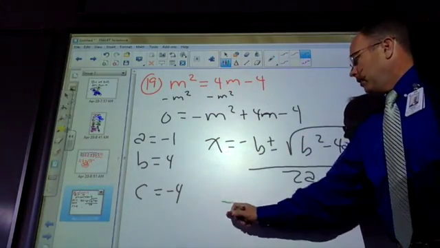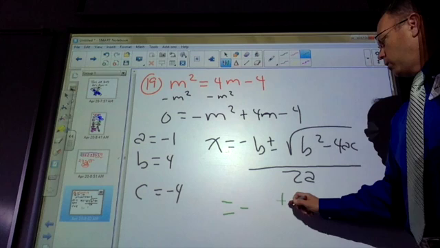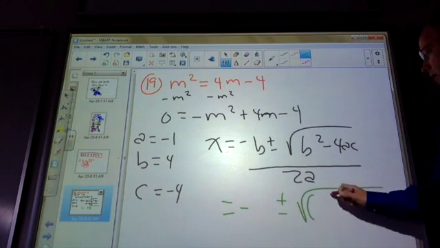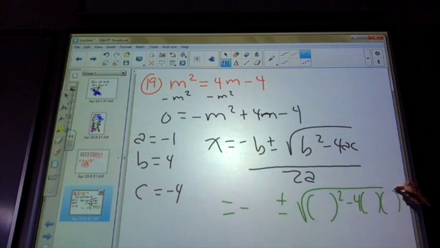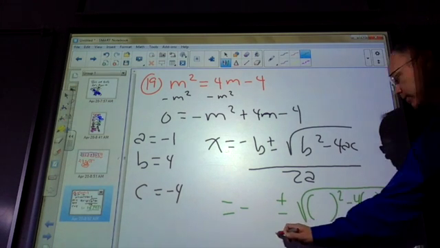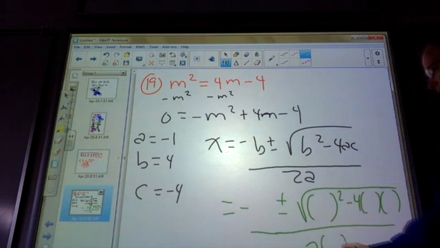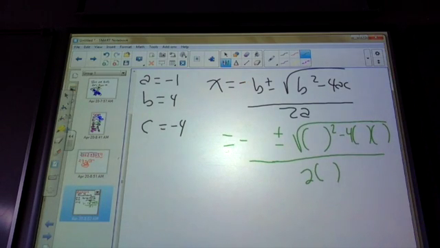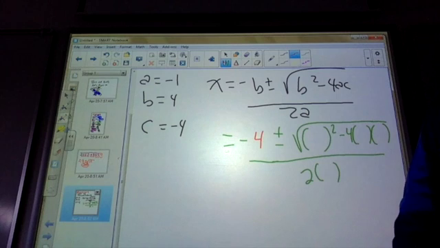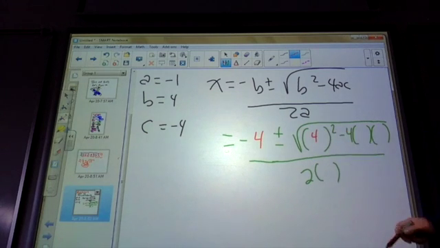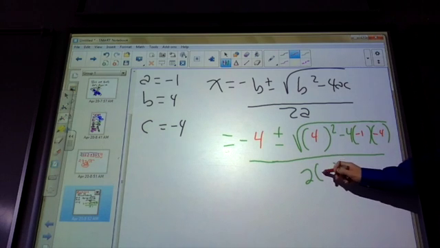So x is equal to negative b plus or minus square root b squared minus 4ac all over 2a.